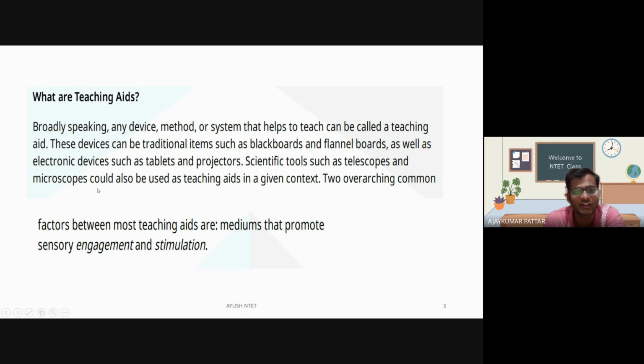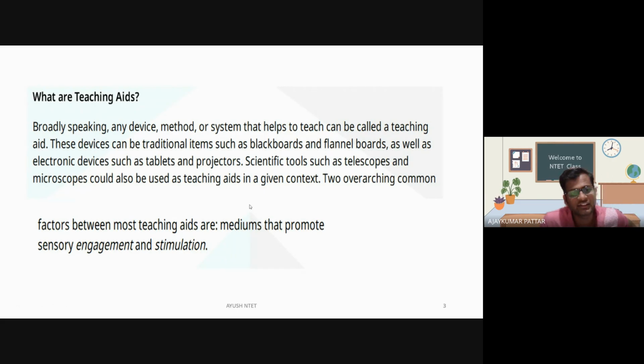Just remember, microscope can also be used as a teaching aid in the given context. Given context means if we are seeing the RBCs or WBCs on the slide with the help of a microscope, then in that context the microscope is a teaching aid. We are instructing or teaching about WBCs.